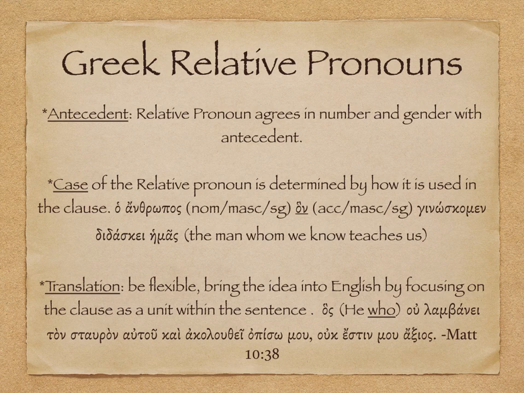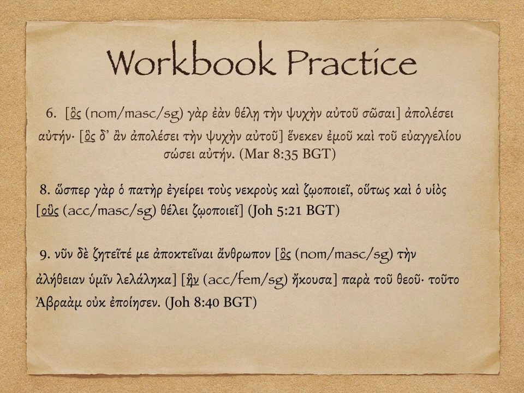Whoever does not take up his cross and follow me is not worthy of me. Hos would be who, he, but whoever is often the way that hos is translated. Let's do some workbook practice here for you.